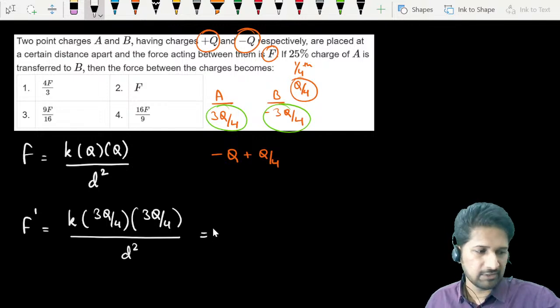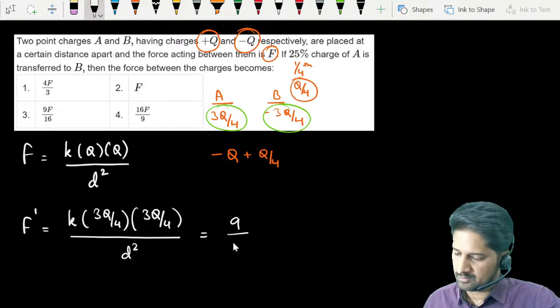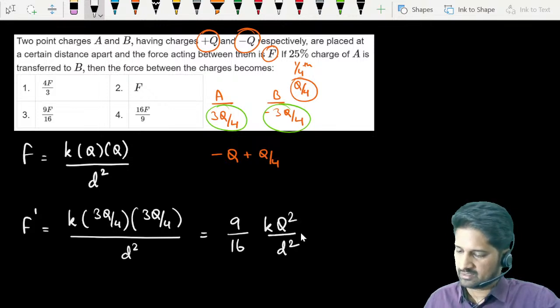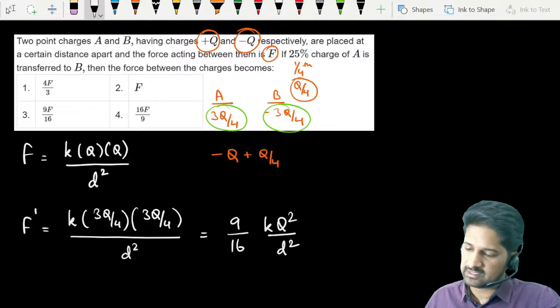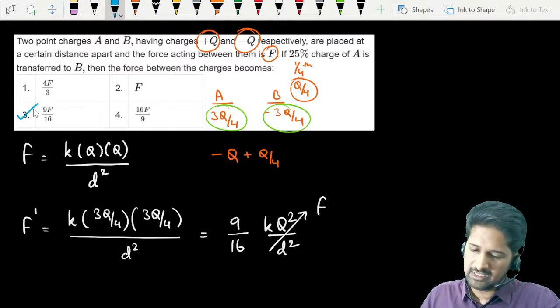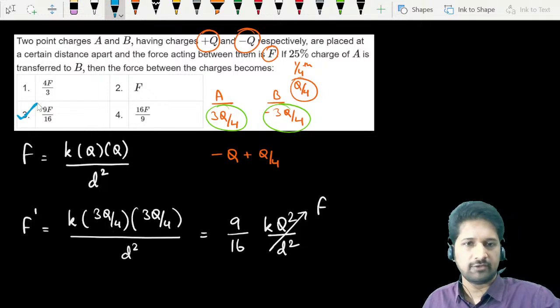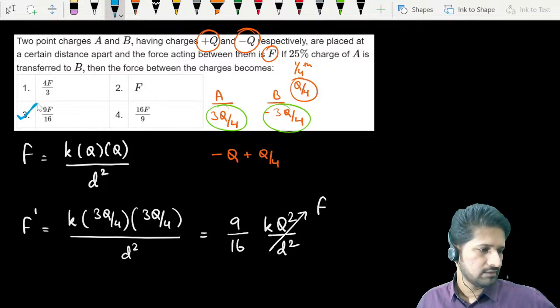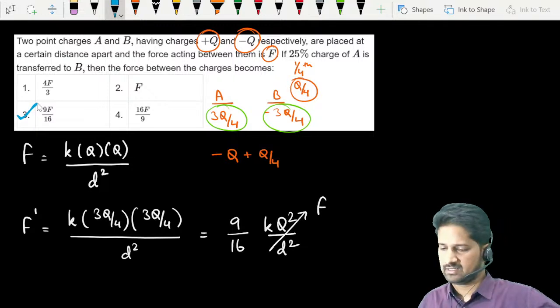And 3 by 4 squared becomes 9 by 16, so 9 by 16 KQ square by D square. And KQ square by D square is nothing but the initial force that was acting between them. So the answer will be 9 by 16 times F. Okay. Yeah, Sanya, Arti, J, you have all given the correct answers. Good.